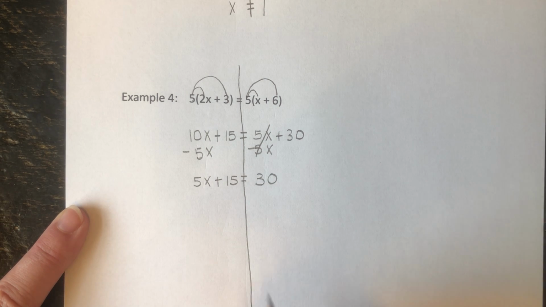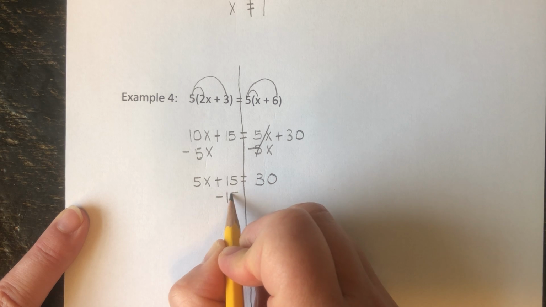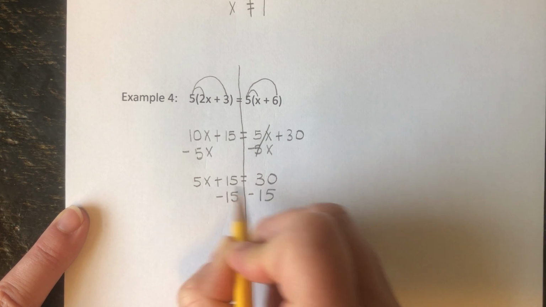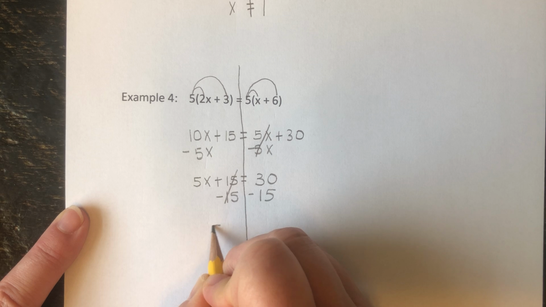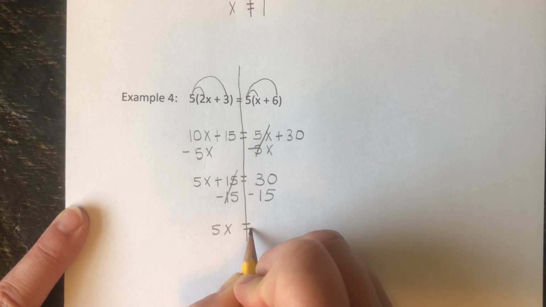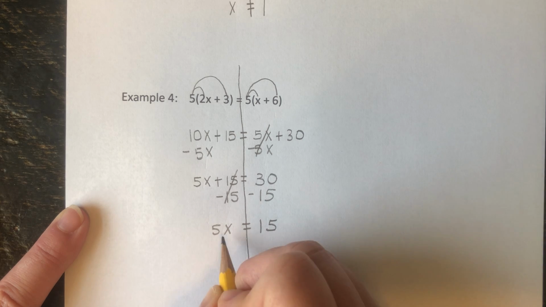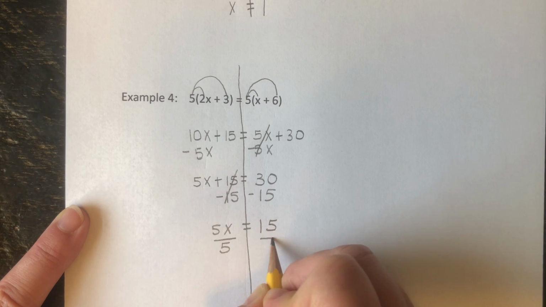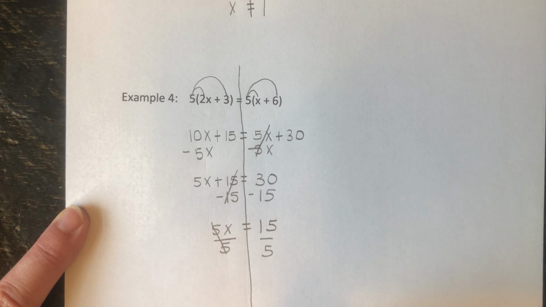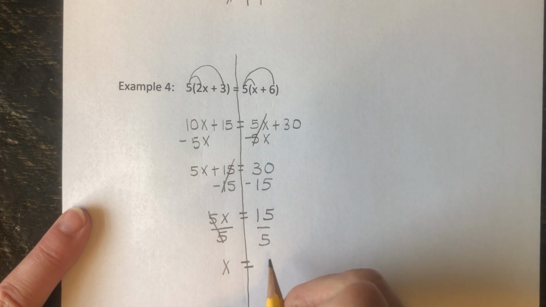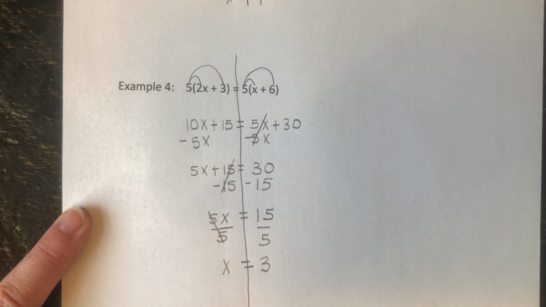I want to get rid of this plus 15, so I'm going to subtract it on both sides. They'll cancel. I'm left with 5x equals 30 minus 15 would give me 15. Divide by 5, last step. X equals 15 divided by 5 is 3.